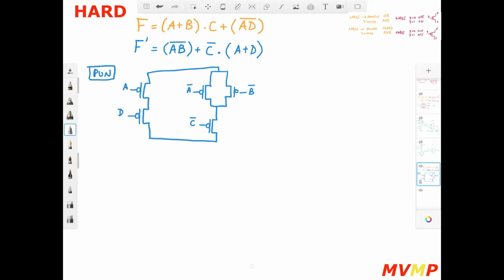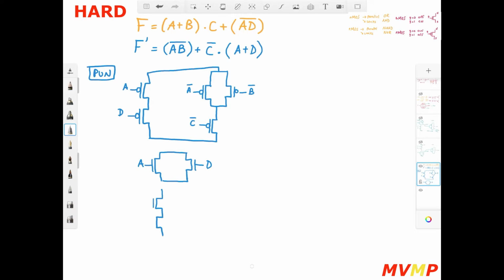We finish this problem by now doing the pull-down network, and in the pull-down network everything is reversed and replaced with nMOS transistors. So since we saw that the A and D were in series, now they are going to be in parallel with one another.